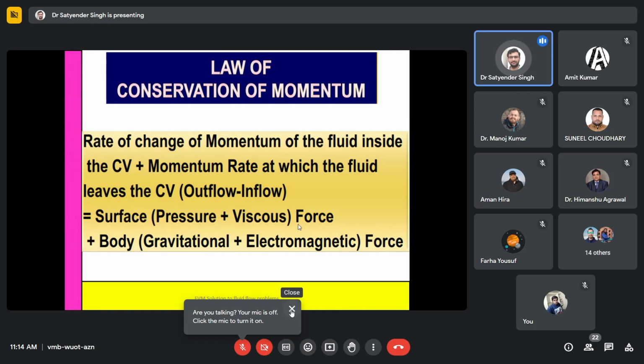So outflow minus inflow, because momentum will be lost in the overall fluid flow process, and that will be equal to surface forces, where pressure and viscous forces will be considered, and in addition, for some advanced problems where gravitational effect is there, we additionally add body forces like gravitational and electromagnetic forces.